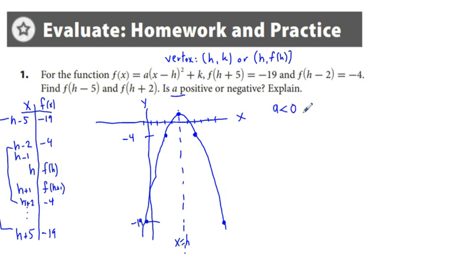To explain, the closer we get to the vertex, the closer we get to h, f of h becomes greater.